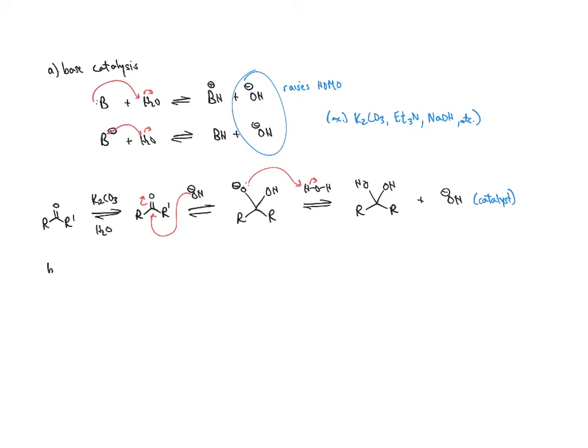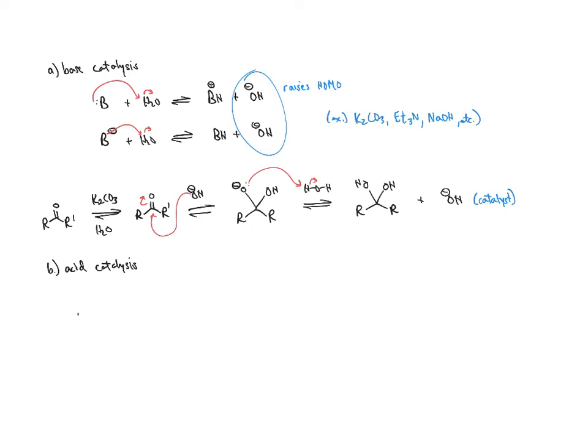Now, under acid catalysis, a ketone or aldehyde is not really a good enough electrophile to react with the non-bonding pair of electrons on the incoming water. So its pi star CO, its LUMO, is too low. But we can lower the LUMO by protonation with a Bronsted or a Lewis acid.